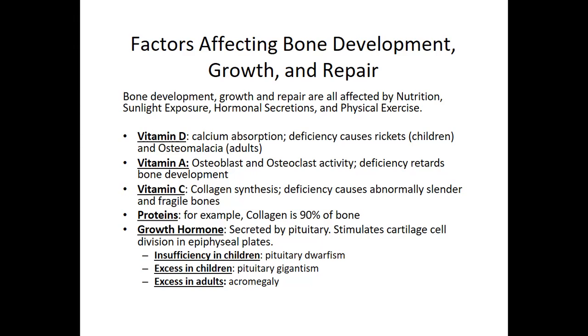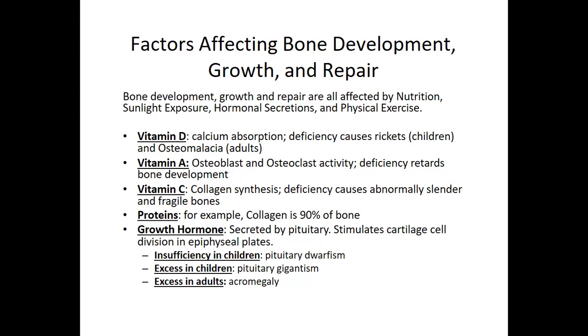They do not grow taller because they don't have the stimulation of the growth plates, the cartilage cells in the growth plate, by growth hormone. Insufficiency in children produces pituitary dwarfism. Because remember, the growth plates are open, it's just not growing because it doesn't have growth hormone.